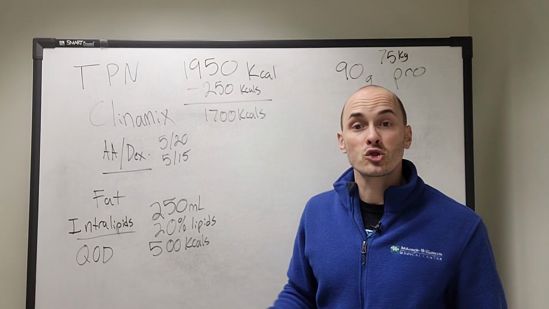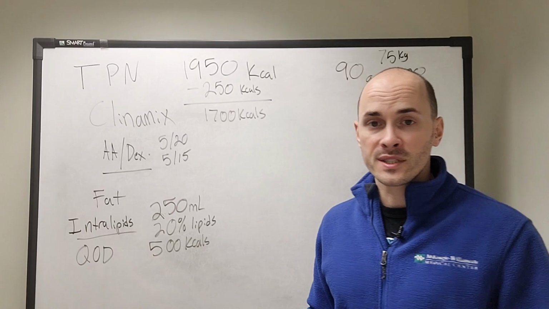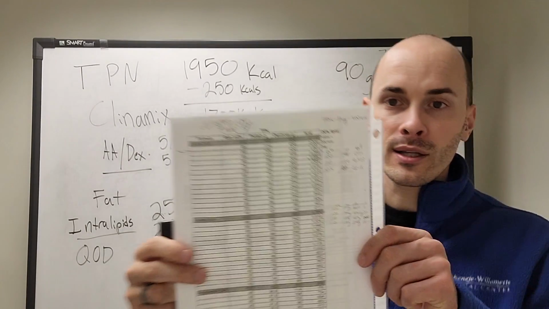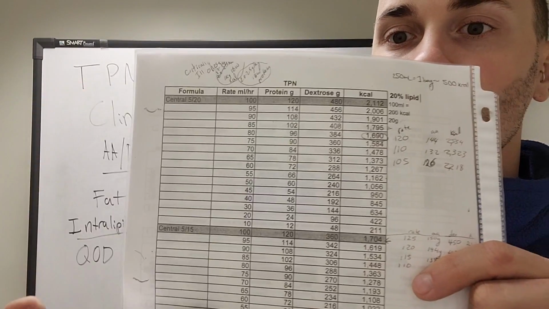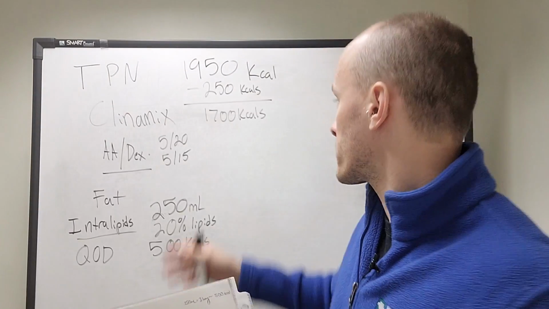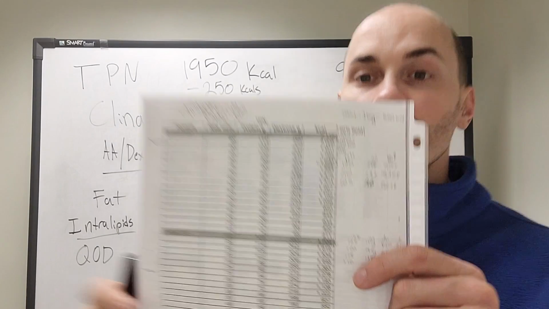amino acid dextrose solution. So if you work at a facility, or are an intern at a facility that uses clinimix, they will have a handy dandy little chart. And this will tell you the different clinimix products they have, at what rate gives you what protein, dextrose, and calories. So for this person, they need 1700 calories, 90 grams of protein.